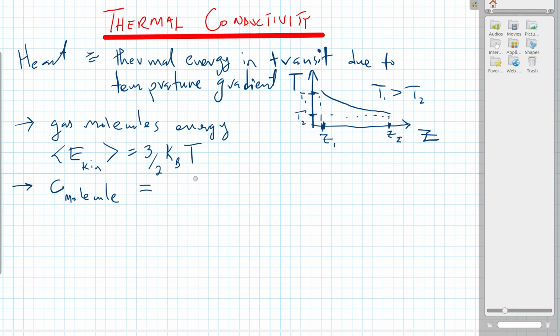Remember, this is defined as change in energy with respect to the change in temperature. As we pump in energy, how does temperature increase? Okay, this rate of change of energy with respect to temperature defines heat capacity.